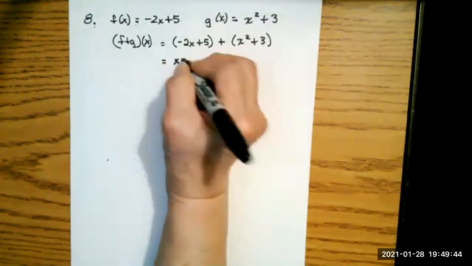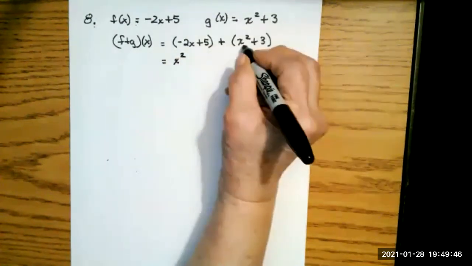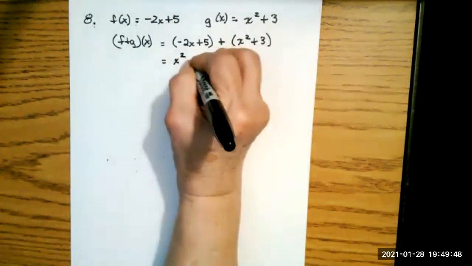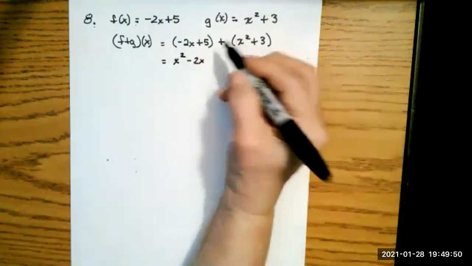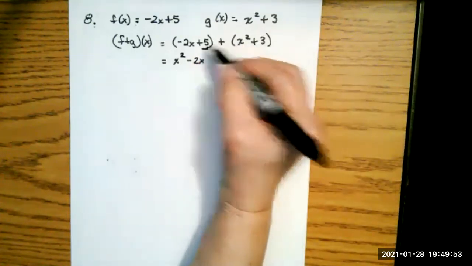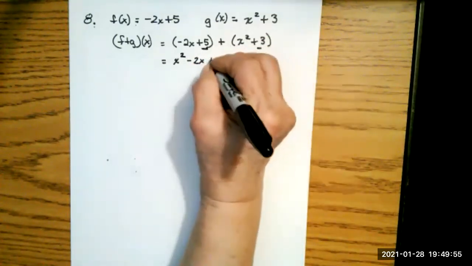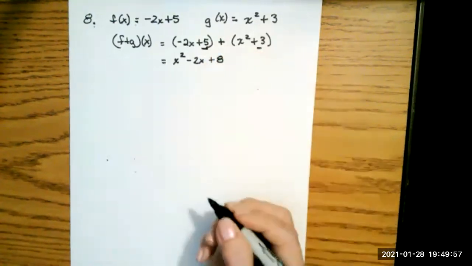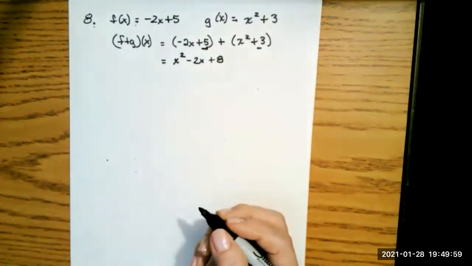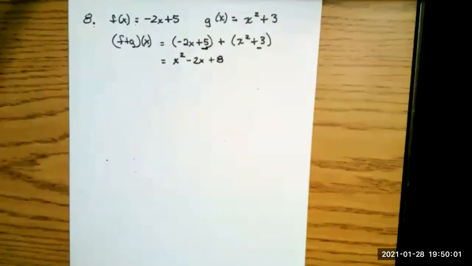So this would be x squared, because I would use this one first, minus 2x. And then I would take that 5 and that 3 and combine them to make 8. And that is a parabola. So that answer for domain would be all real numbers if they asked it, but they didn't ask it.